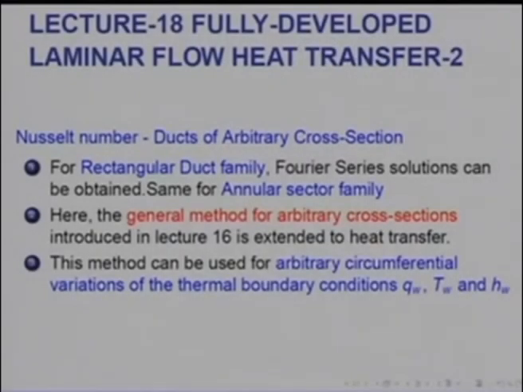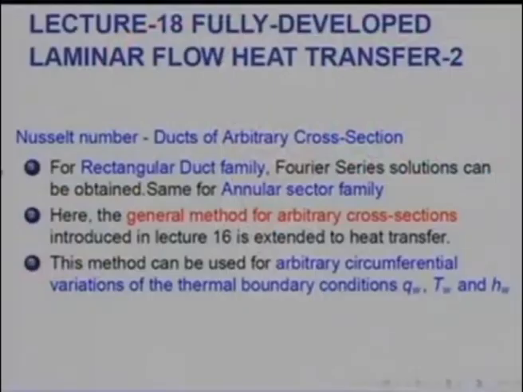The interest today, however, is very similar to what we saw in the lecture on fully developed flow in non-circular ducts. There we presented a method which could be applied to ducts of arbitrary cross sections. We are going to extend that method now to include heat transfer.